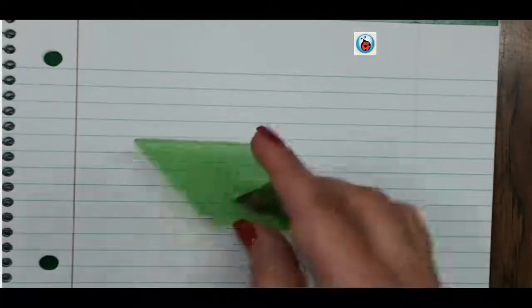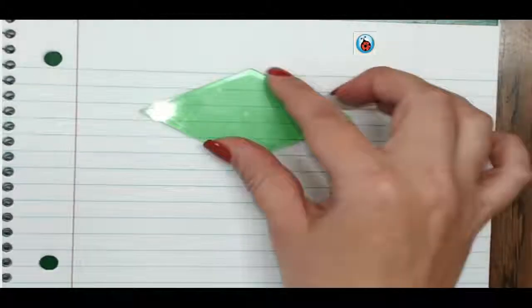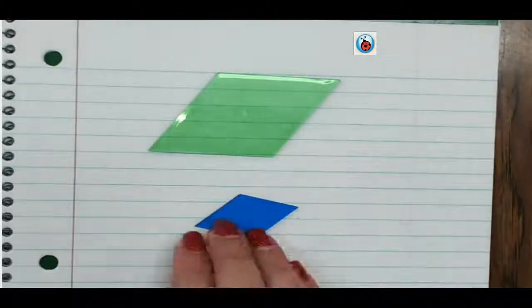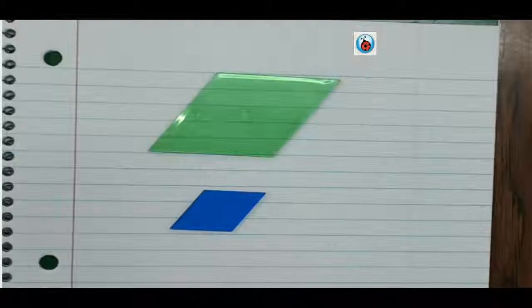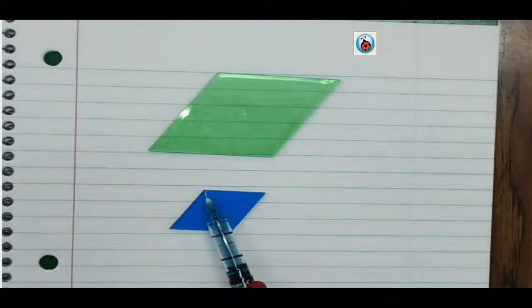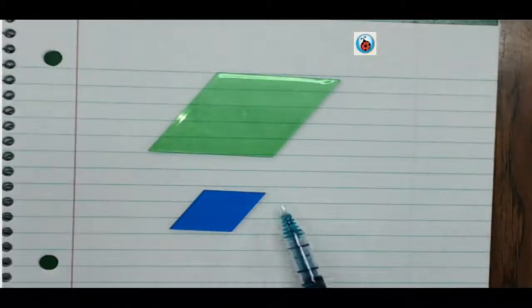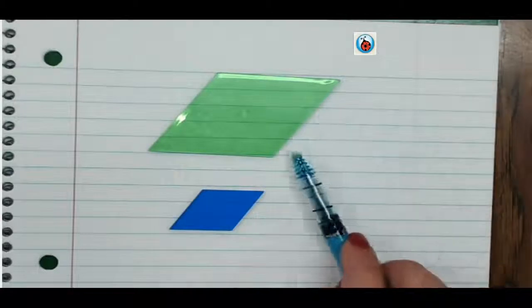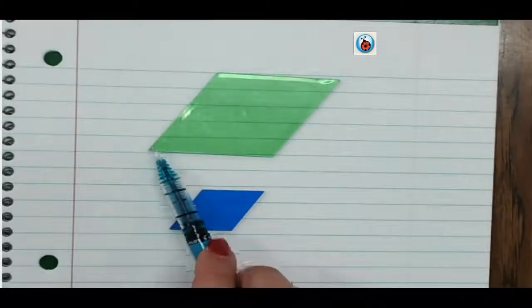Now just to show you, let's say we have these two parallelograms. Okay? Are these similar? Same shape, different size. Now the corresponding angle would be this one with this one. This one with this one. This one with this one, this one with this one.